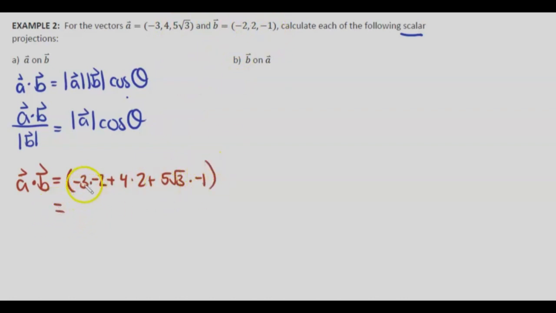So -3 times -2 is 6, plus 4 times 2 is 8, plus 5√3 times -1 is just minus 5√3. 8 plus 6 is 14 minus 5√3. If we do this as a decimal, we get 5.34.